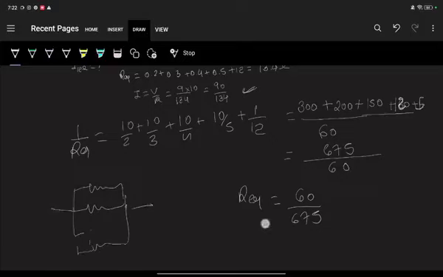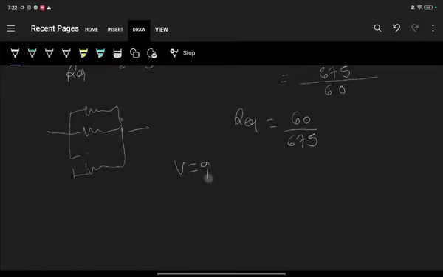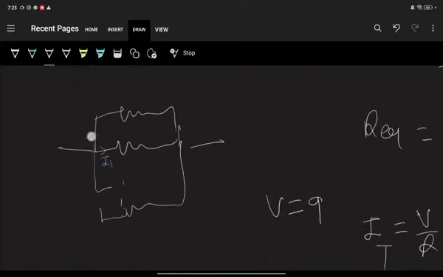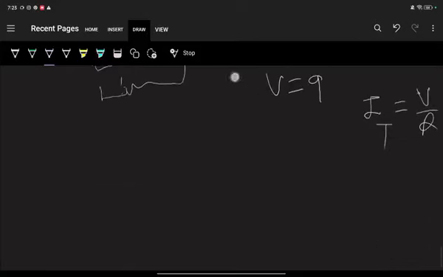So first of all we have the voltage which is 9 volt. So current will be what? V is equal to IR, so I is V by R, which is simply 9 by 60 into 675. This is the total current. But we know that in parallel combination current gets divided. For the 12 ohm resistance, we simply put the resistance itself, which is 12 ohm.